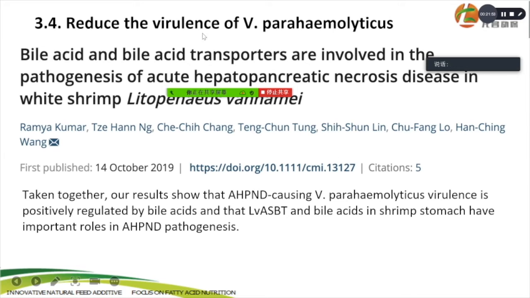Because through these trials, they found reduced virulence. I think it will be helpful for the shrimp farmers. You can try. Of course, we will repeat this trial soon.